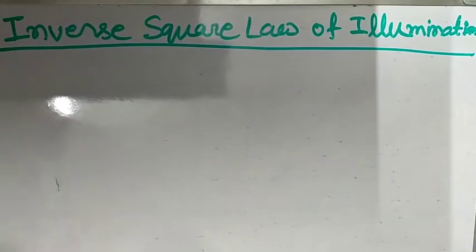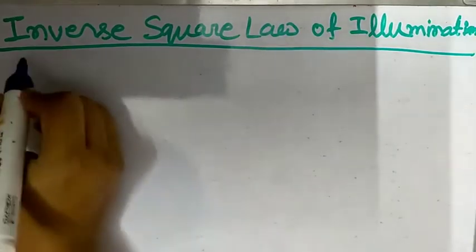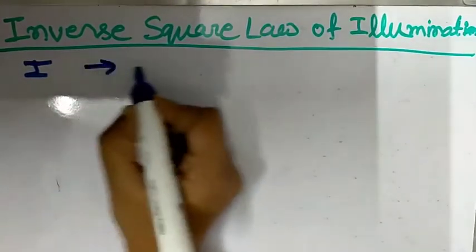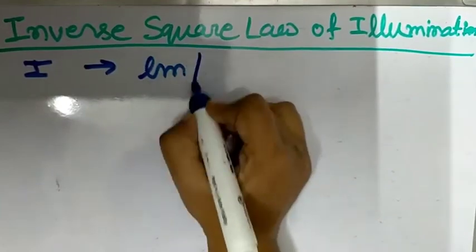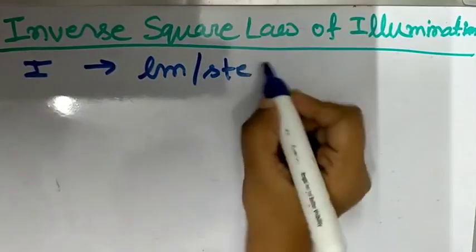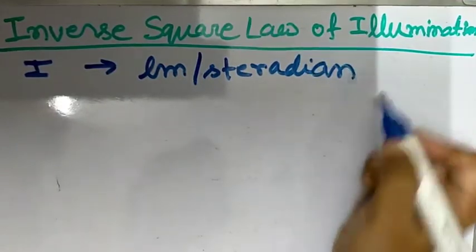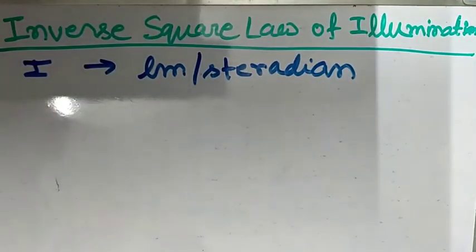Now let I be the luminous intensity of a point source expressed in lumen per steradian, and let omega be the solid angle.